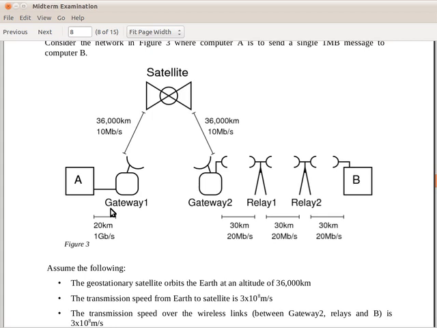And the transmission delay for each link, which is the size of the data divided by the data rate. The size of the data is given somewhere in the question. And the total delay from A through to B is the sum of the delays across each link, plus the delays inside the nodes. So you need to know those 4 delays.